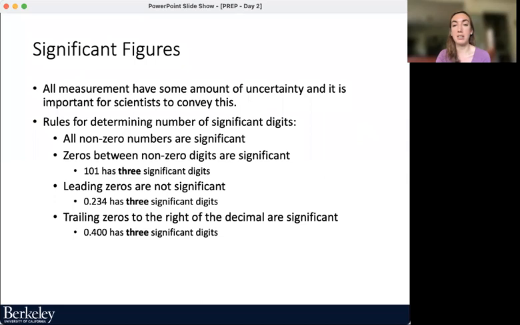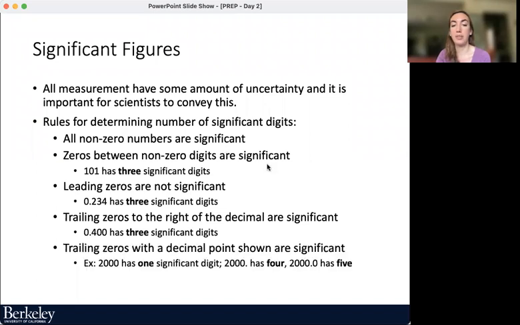So what that means is I am sure that this number is 0.400. It's not 0.410. It's not even 0.401. It's exactly 0.400. And if there is a decimal point after the zeros, those are also significant. So 2000 has 1 significant digit. What I mean if I write 2000 is it could be 2001, it could even be 2010.